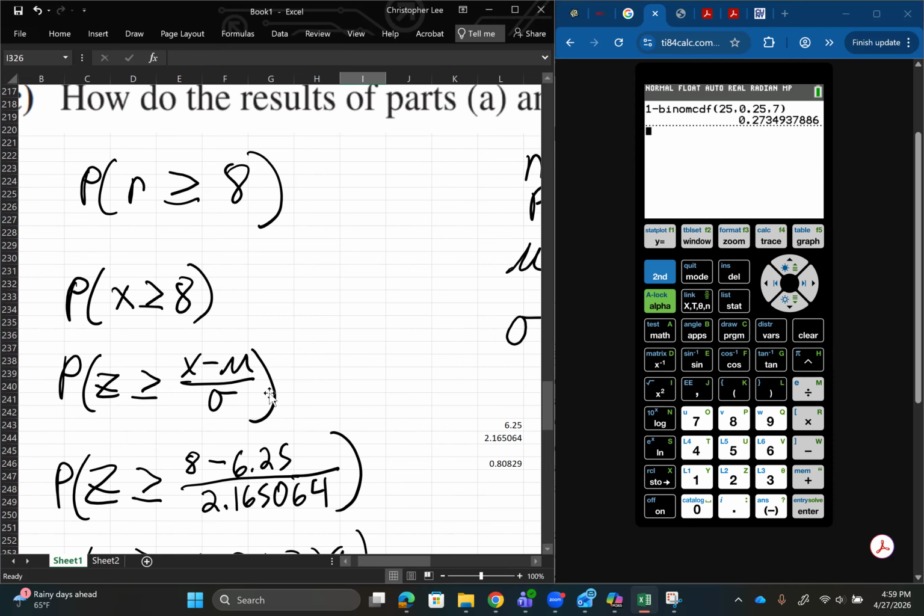So the thing is that the 8 is good, but I could make it better, right? Imagine I had a distribution here where this is 6.25 and the 8 is somewhere over here, right? But remember that the 8 has like a rectangle about it, right?